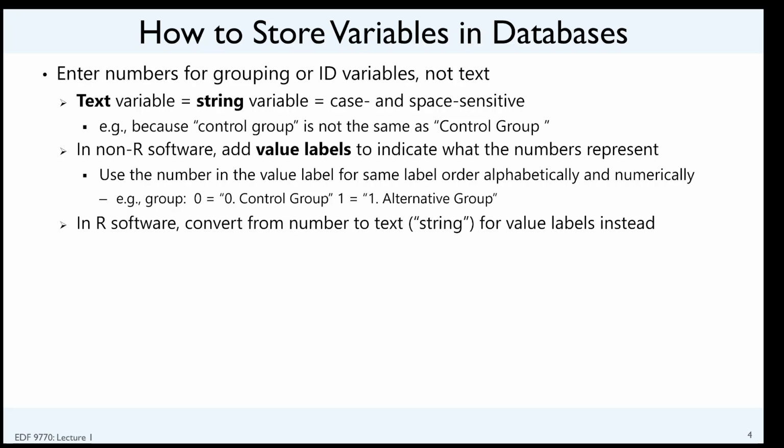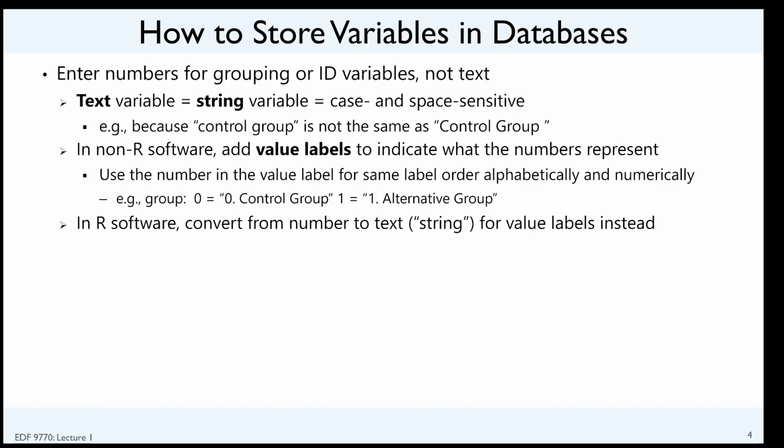If you are going to store information about groups, please don't use text. I know that's the most intuitive thing, but humankind is unlimited in the number of ways it can spell things wrong. And most of the time, string variables, or text variables as they are called, are case sensitive. So for instance, if you indicate that person 1 is in the control group lowercase, that is not the same thing as control group uppercase.